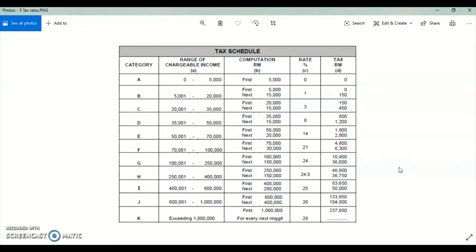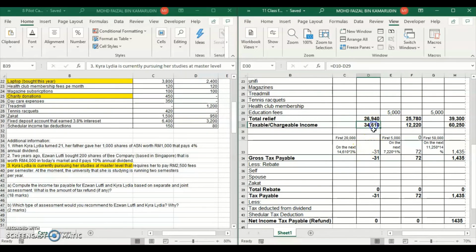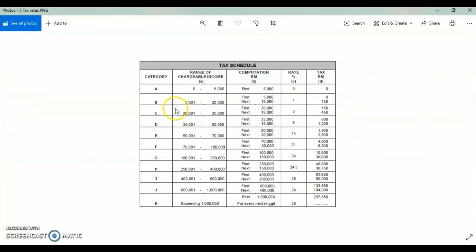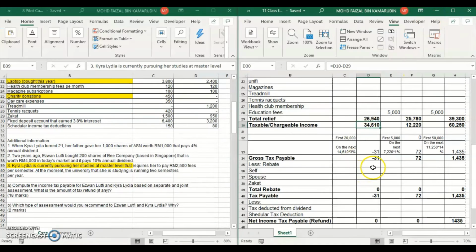For S1, 34,610 means its chargeable income is in bracket C, whereas for Kyra it is 12,220, which is in bracket B, and for the joint 6250, this is in bracket E. No worries, let's go one by one. 34,610, as I mentioned just now, is in bracket C. To take this one, for the first 20,000 you have to pay 150. That's why here we put 150.